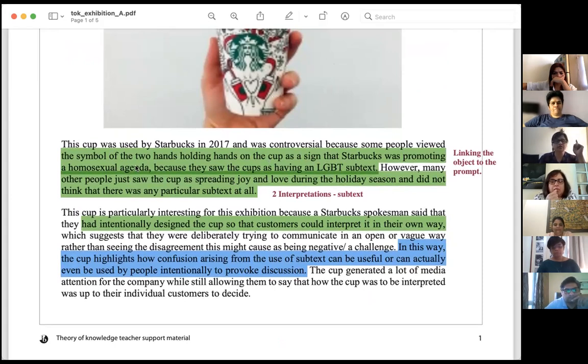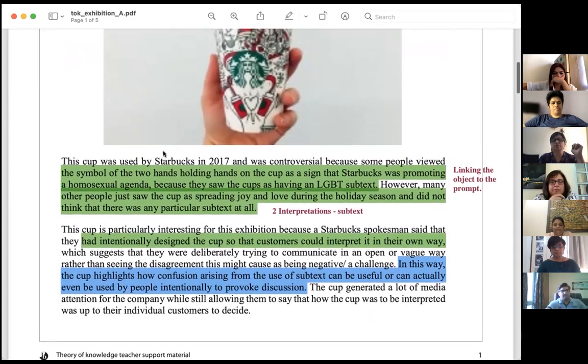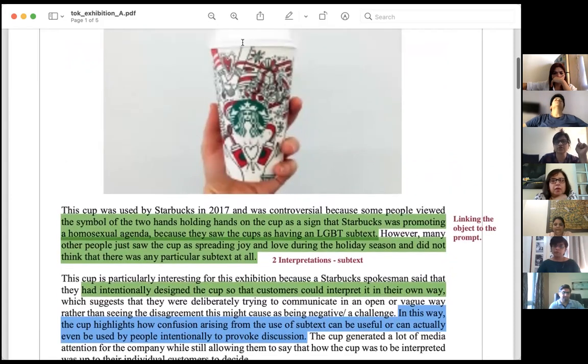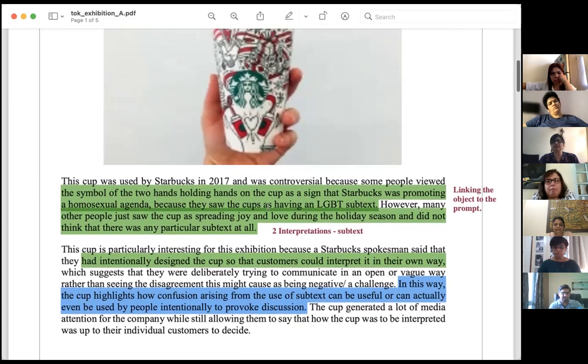The student begins with, this cup was used by Starbucks in 2017 and was controversial because some people viewed the symbol of the two hands holding hands on the cup. This is what the student is referring to over here. I tried doing some highlights, but my tech skills failed me. As a sign that Starbucks was promoting a homosexual agenda because they saw the cups as having an LGBT subtext.